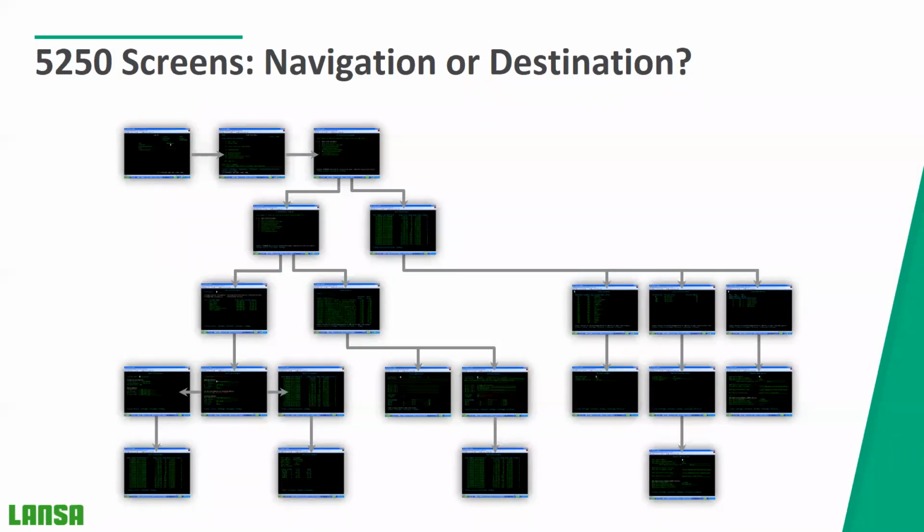Right, so let's talk about how LANSA's tools such as RAMP enable you to reuse existing applications. RAMP is LANSA's desktop automation tool. So think about a typical 5250 application. It's made up of a number of screens.